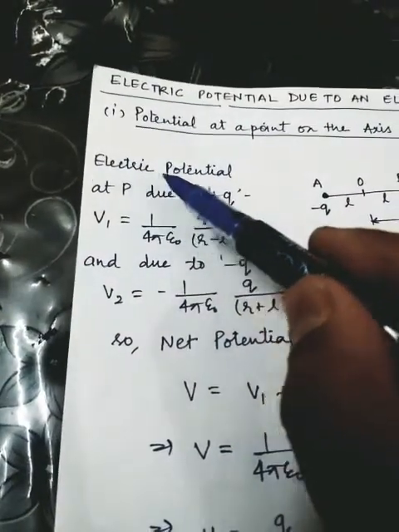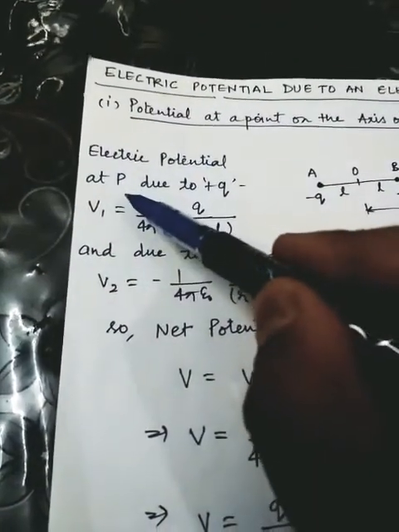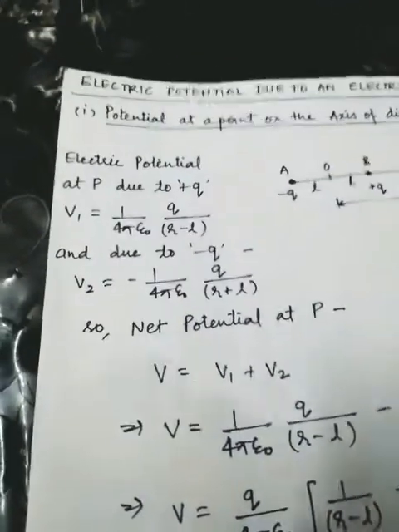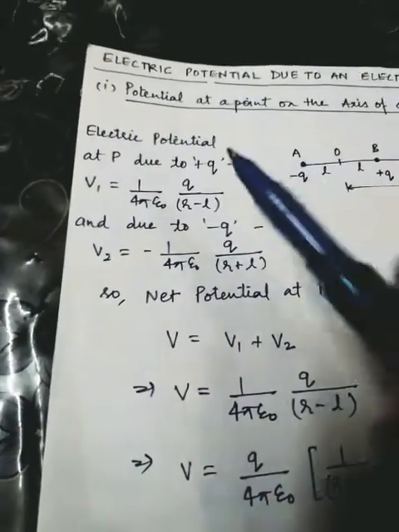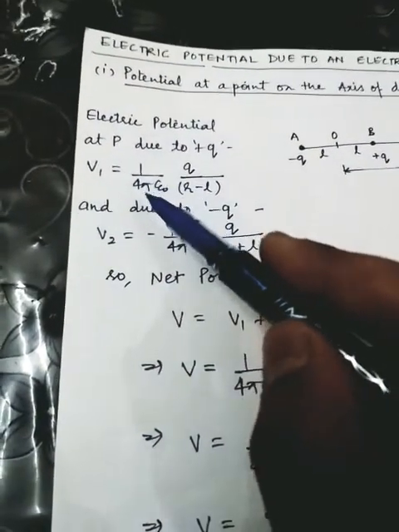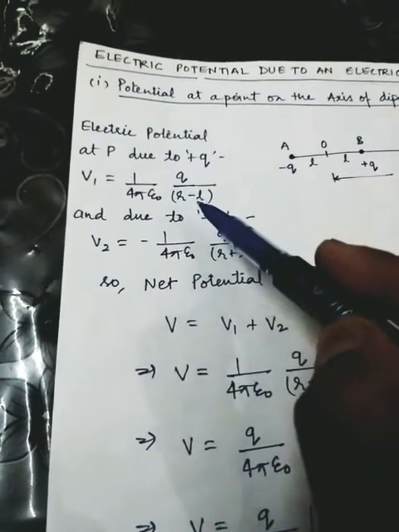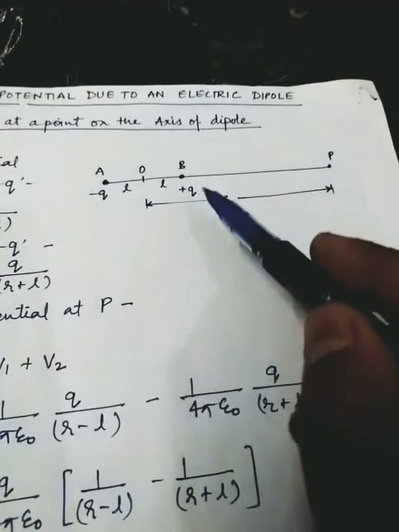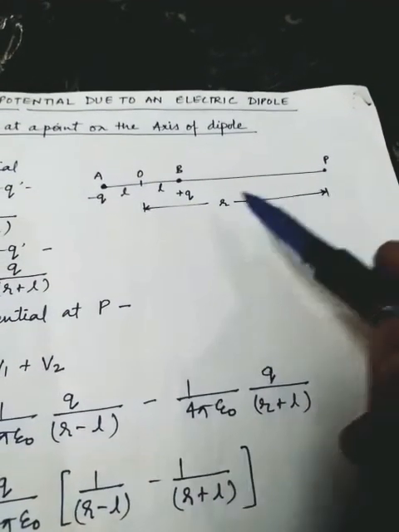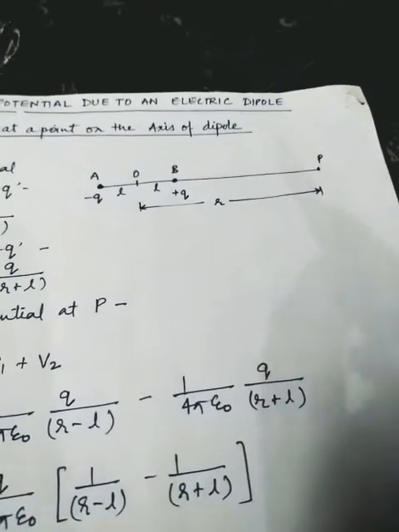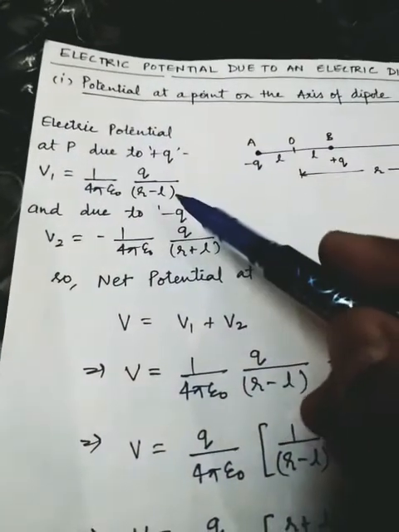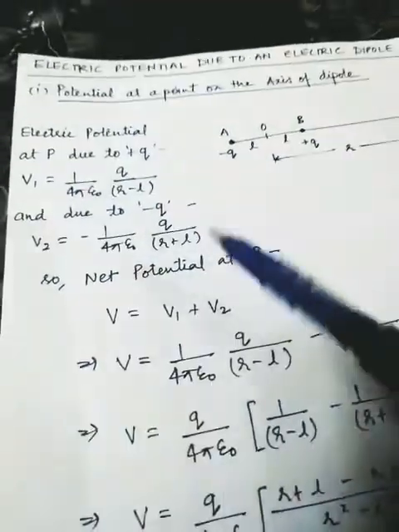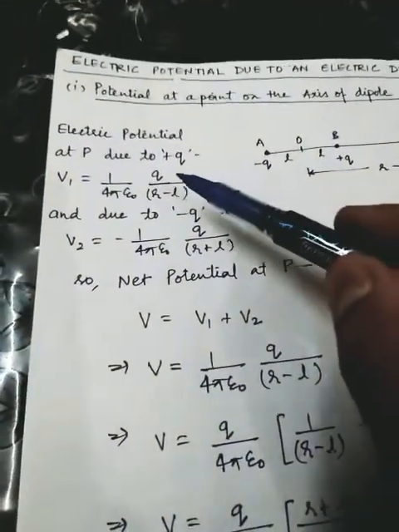First thing is electric potential at point P due to charge plus Q. So formula is V1 is equal to 1 upon 4 pi epsilon naught Q upon R minus L. As you can see from the diagram, the distance of this charge plus Q from P will be R minus L. So that's why it is R minus L, and as it is due to plus Q, that's why potential is positive.